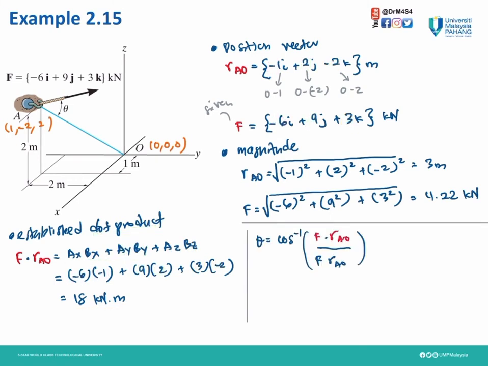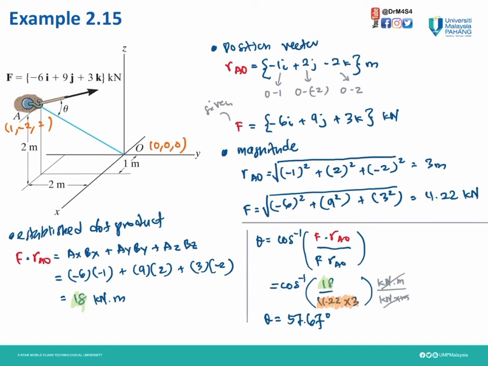So from that we can calculate the angle. The angle comes from the dot product divided by the magnitudes. So 18 divided by the magnitude of F times the magnitude of ROA.